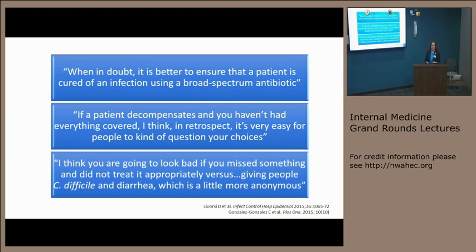And I think the last quote here is kind of telling. So I think you're going to look bad if you miss something and did not treat it appropriately versus giving people C. diff and diarrhea, which is a little more anonymous. So this person even realized that C. diff could happen and still thought that giving antibiotics would be the better choice.